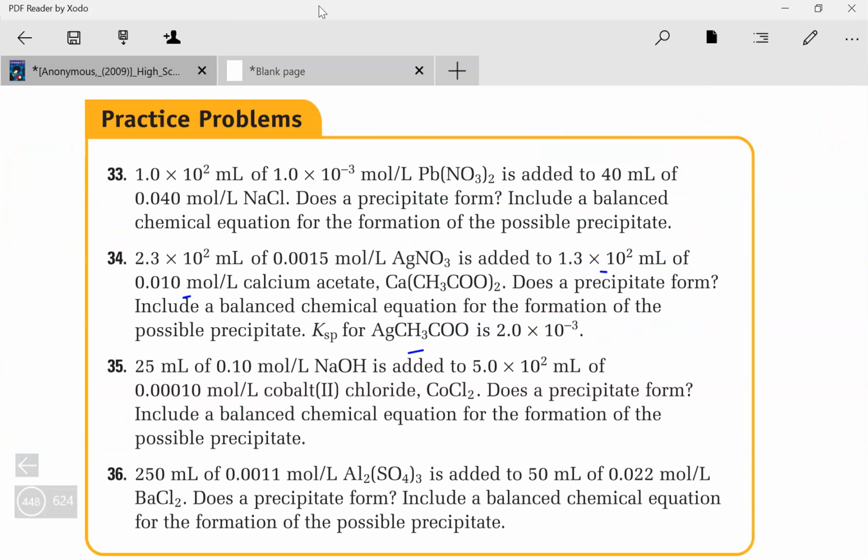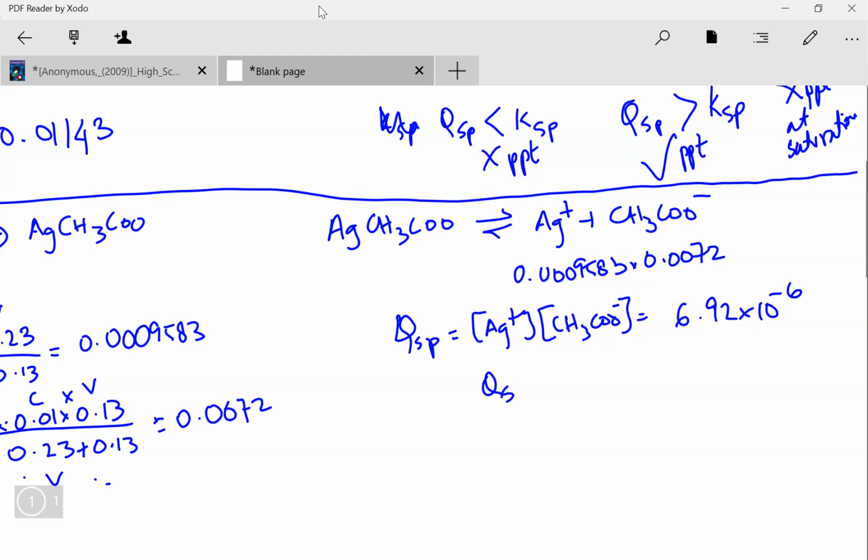And I seem to recall that my KSP was very high compared to this. So QSP is lesser than KSP. Therefore, no precipitate will form because, again, KSP is at saturation, so even at KSP there'll be no precipitate because there still isn't enough ions to satisfy, if you will, the equilibrium condition.